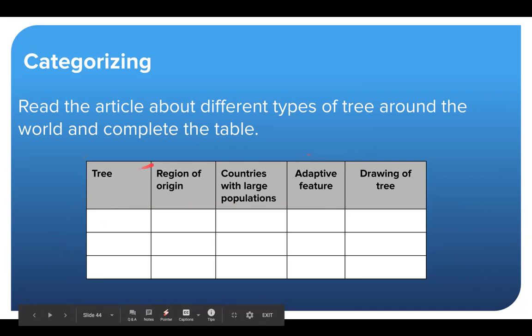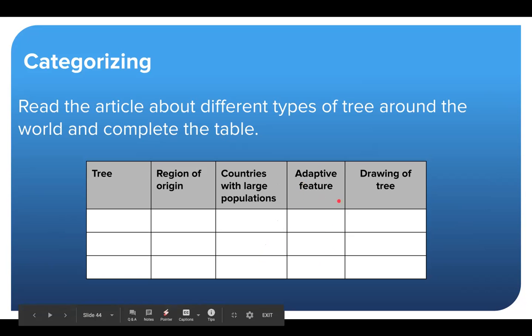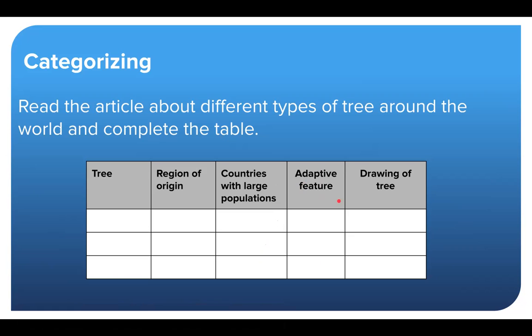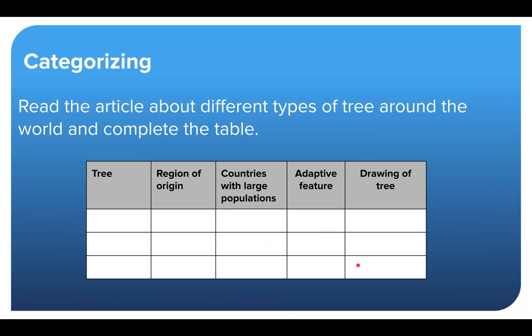The second column would be the region of origin of the tree. So where it came from. And then the next column would be about countries that have large populations of the tree, their main adaptive feature, how they survive and how they're well suited to their environment. And then a column for a drawing of the tree. So this kind of activity you could easily include in your distance learning as well.